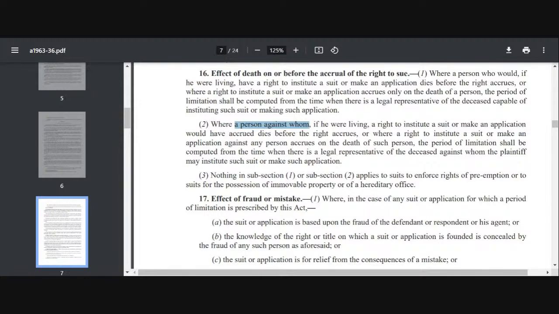Against whom and who would is the only difference in the whole section, otherwise it is the same. So section 16 clause 1 applies to the plaintiff, a person who would, that means the plaintiff, and clause 2 applies to the defendant against whom.